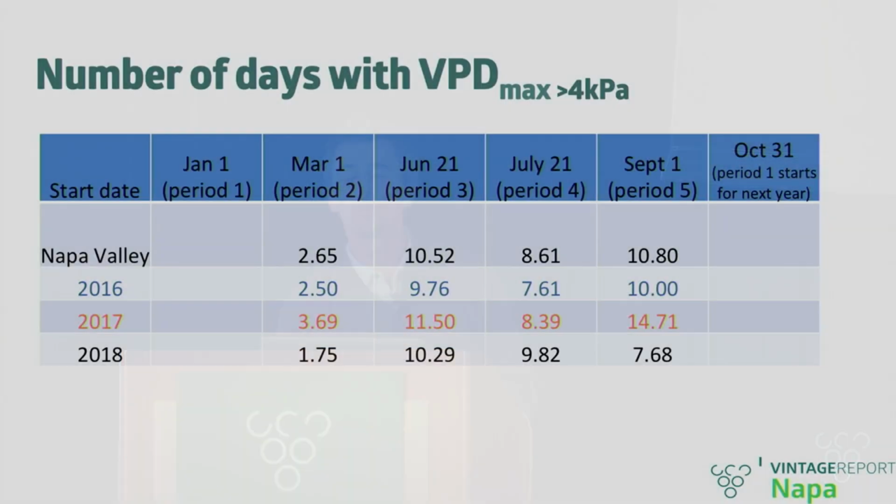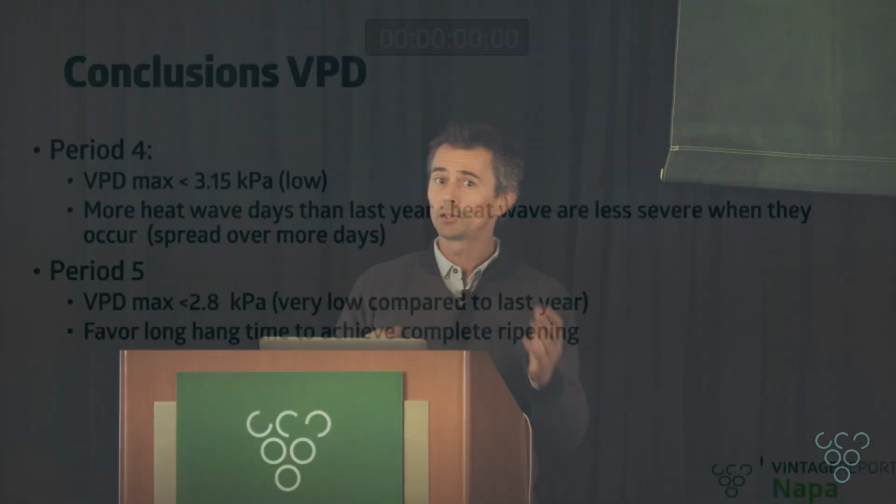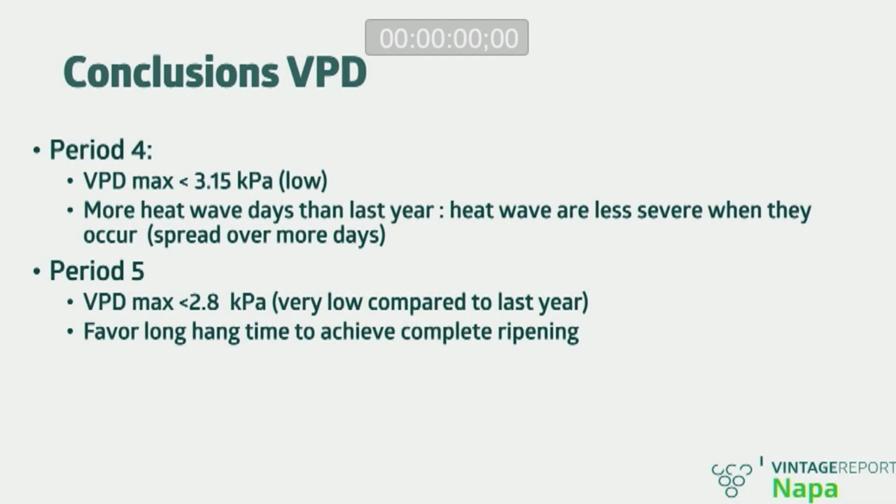And if we look at the number of days where I have arbitrarily set a heat wave day whenever the maximum vapor pressure deficit of the day reaches 4 kilopascal or over, we see that we had fewer of those days, with a lower average value of VPD during those days. So the stage here is set to have the climate playing in favor of a long maturation cycle.